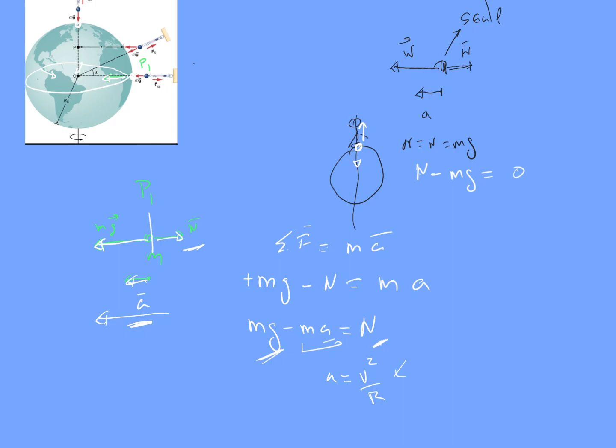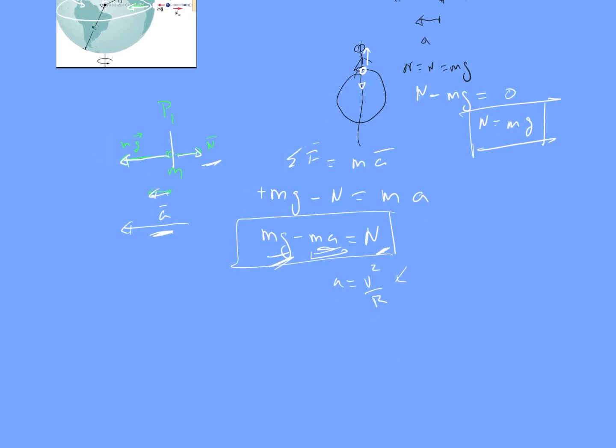So ma will be 0, so the normal will be mg. So at the pole, your normal force will be mg, while at the equator, your normal force will be mg minus something.